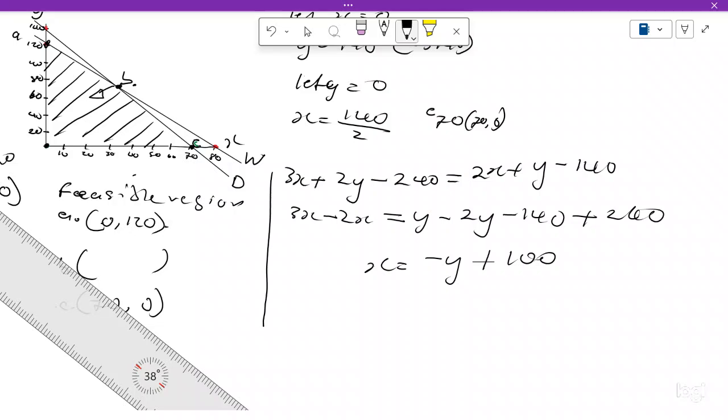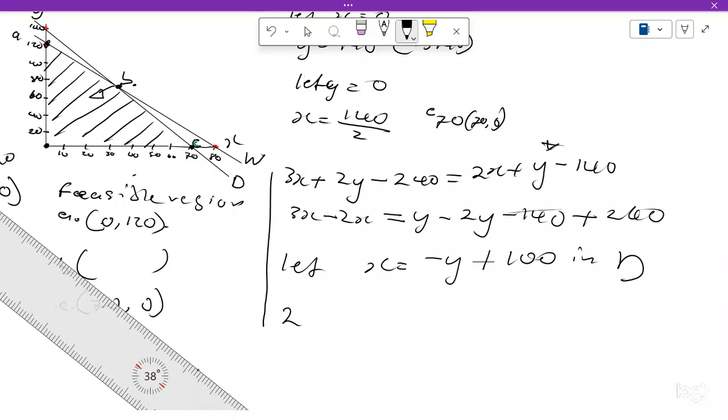Then we solve one of the equations using that x. I'll choose this equation here, but you can choose any. Even as we are doing now, you can just select the other one if you want. So whenever you see x, let x be negative y plus 100 in the formula.